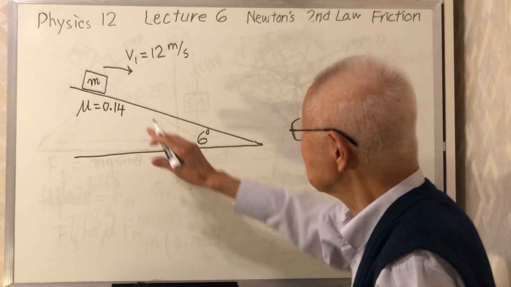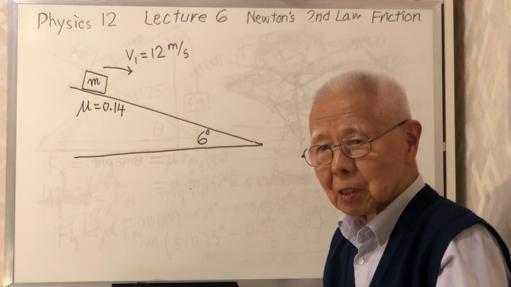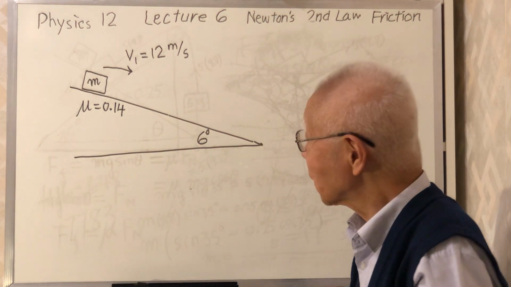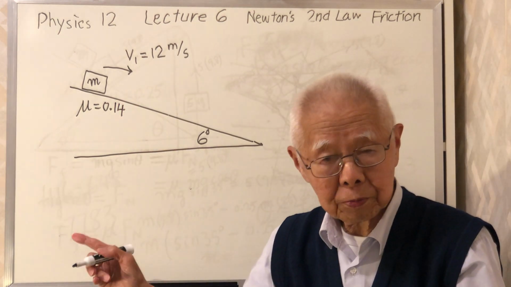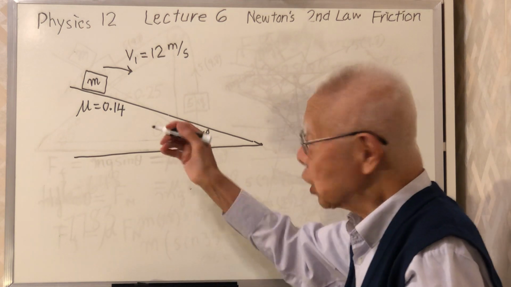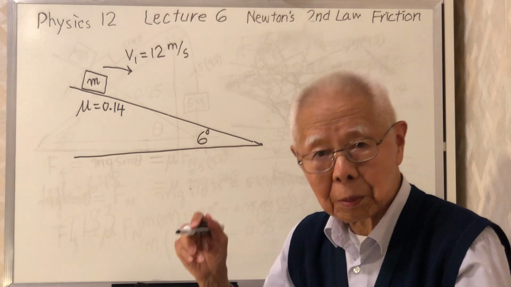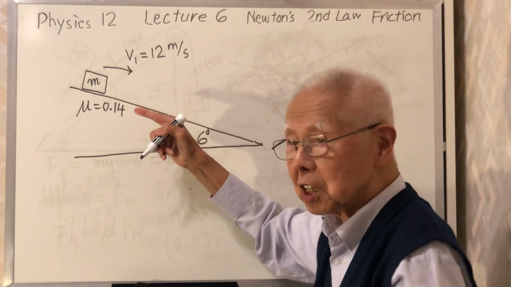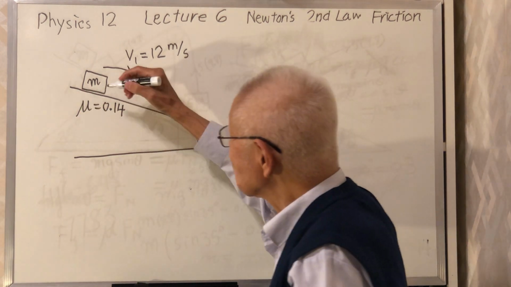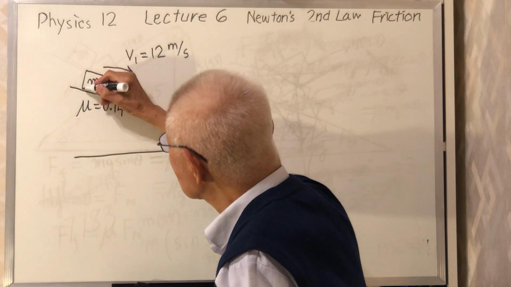So it moves because you push it. But there is also a friction. The friction is against the motion. So you push it, it slides down, the friction is up. So the friction force is up.